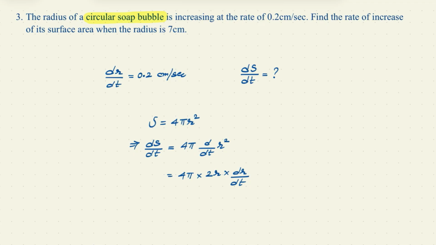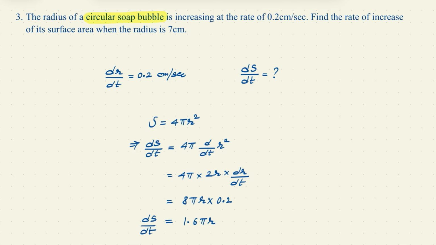Okay, so this equals 4 2s are 8 pi r into, and we know the value of dr over dt, that is 0.2. So here we will put 0.2, and this will be equal to 1.6 pi r. So this is the value of dS over dt.